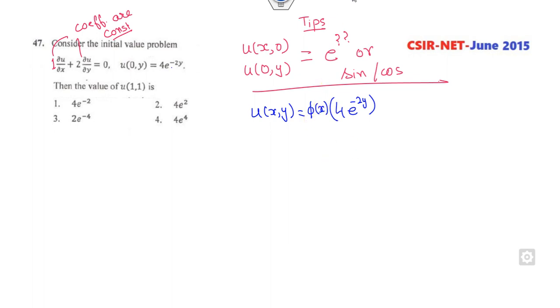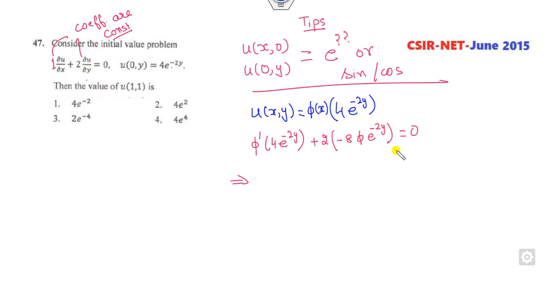How can you find the value of phi? You can substitute this value here. Take the partial derivative with respect to x, it is phi dash 4 e raised to power minus 2y, plus take the partial derivative with respect to y. So it is my minus 8 phi e raised to power minus 2y is equal to 0.